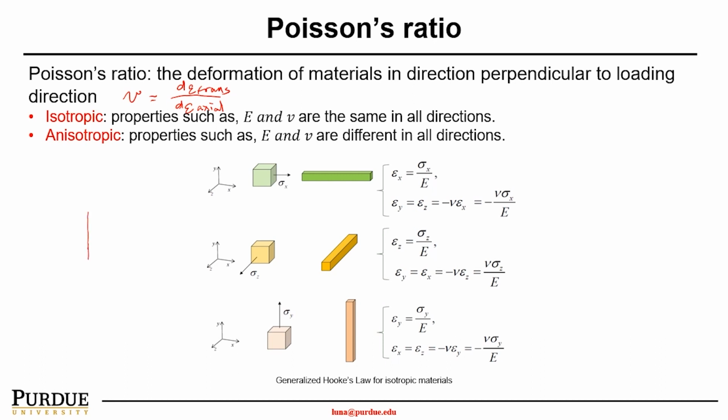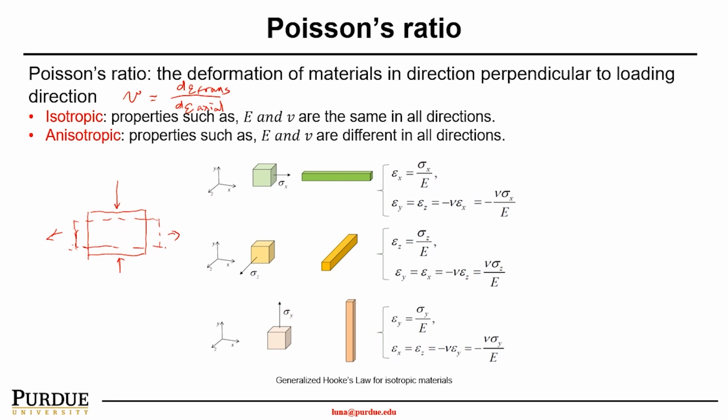For instance, if I try to compress the material, I would expect the material to compress in the loading direction. However, it will expand in the transverse, or perpendicular, direction.